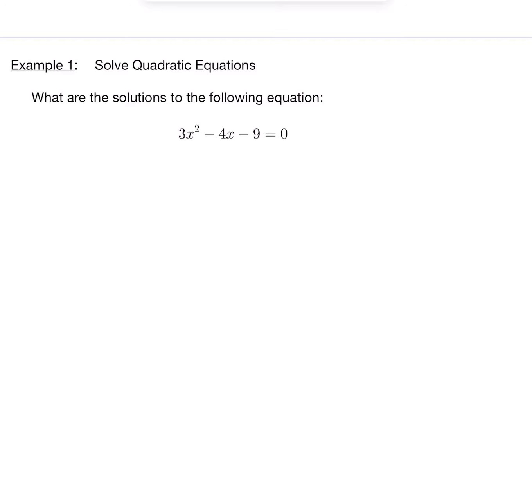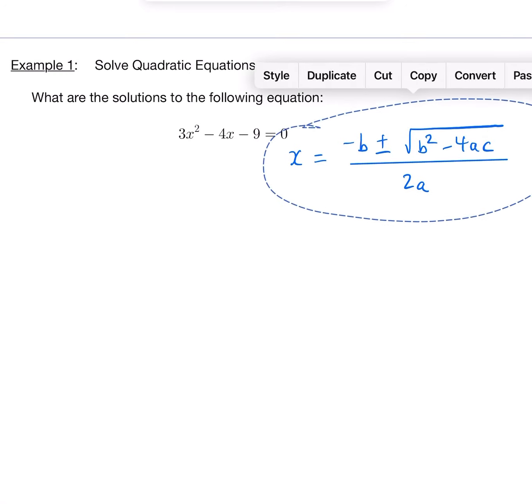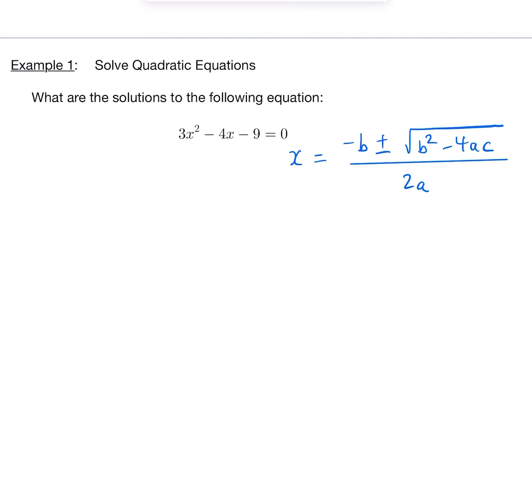When all other techniques fail, the quadratic formula comes in handy and will help you to solve all quadratic equations. Let's remind ourselves what the quadratic formula is, and I'm going to place it over here. In the equation, we have the letters A, B, and C, so we're going to identify what those are first.